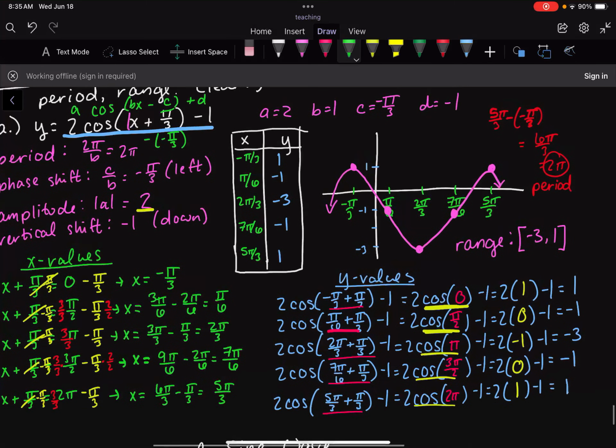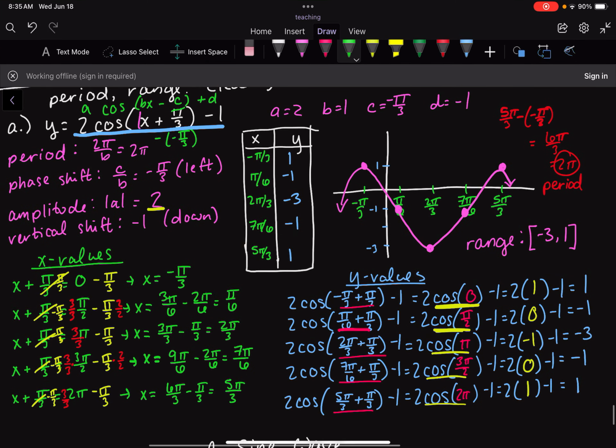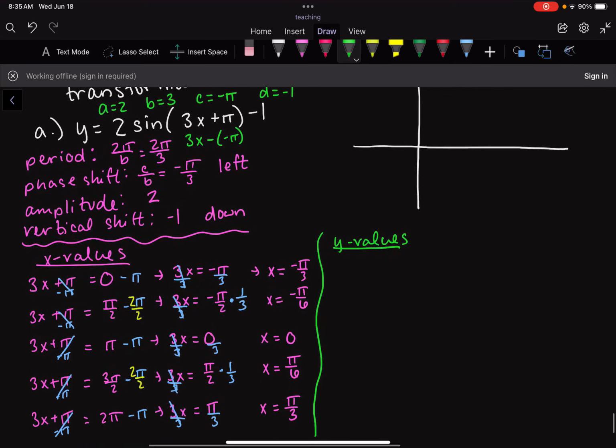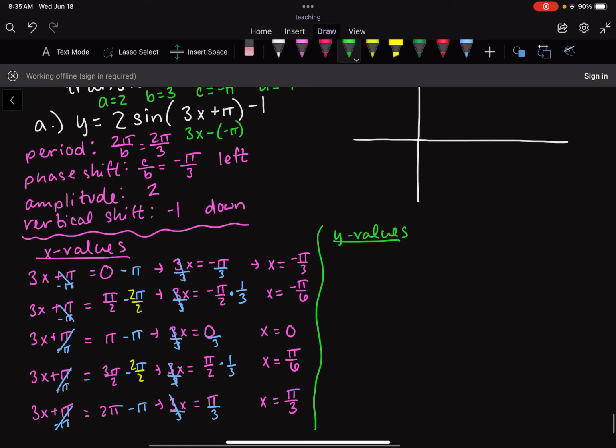If you look at these, go back to this video, I actually plugged the x value that we found into the original equation and showed all those steps for finding the y. Here, I'm going to skip a little bit of steps. So I know that sine goes through these certain points.